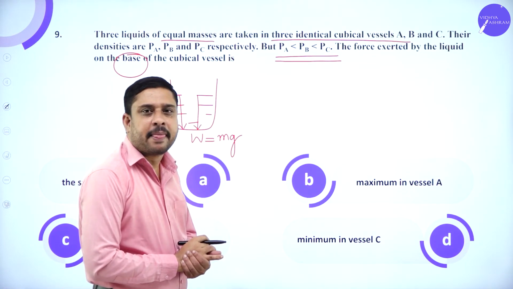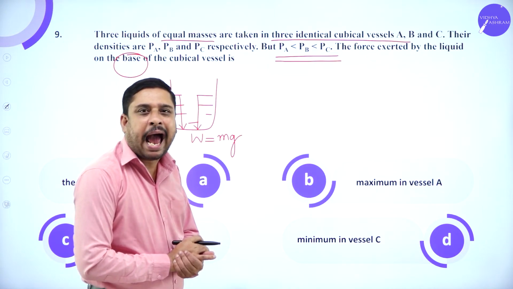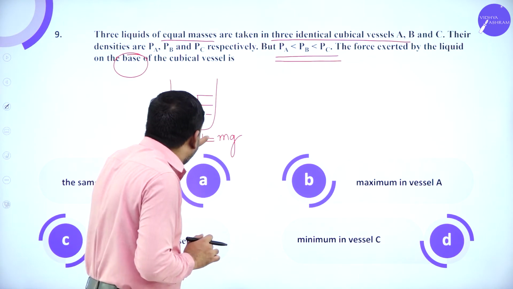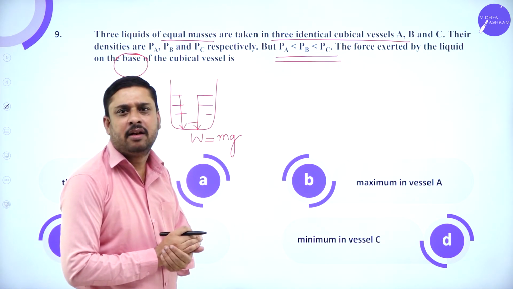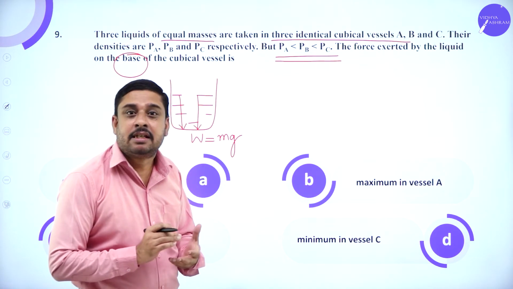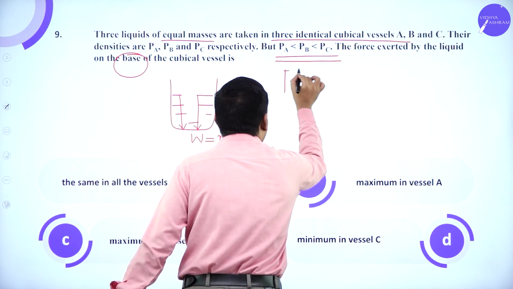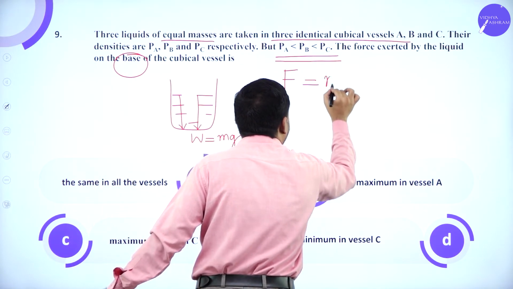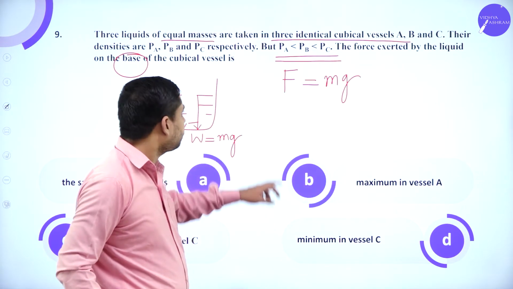So very clearly, the force acting on the base of the vessel due to the liquid is the downward force. The downward force is the weight, which is m into g.